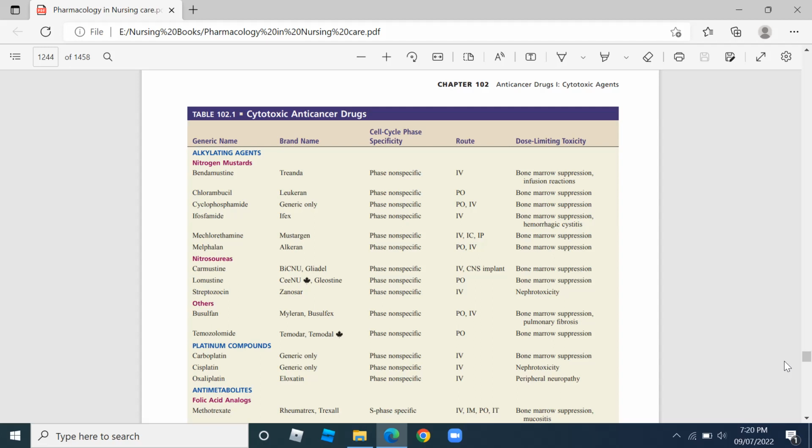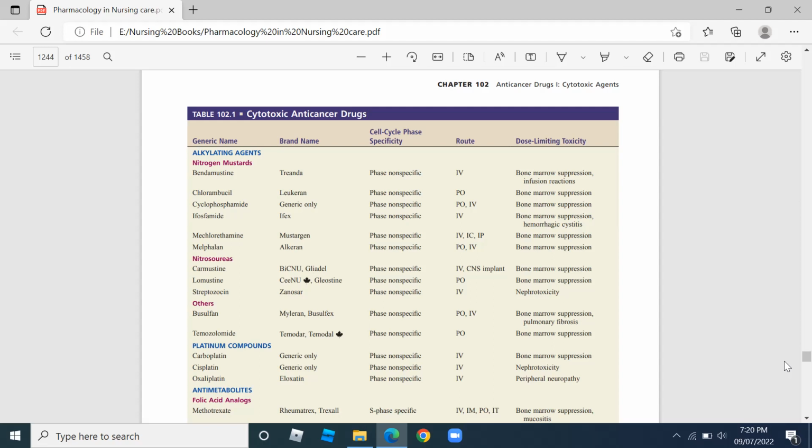Both these groups, that is the alkylating agents and platinum compounds, are phase non-specific, as you have seen in the table. Most of the drugs are IV, but chlorambucil, lomustine, and temozolomide are given peroral, while both routes, that is peroral and IV, are used for cyclophosphamide, melphalan, and busulfan.